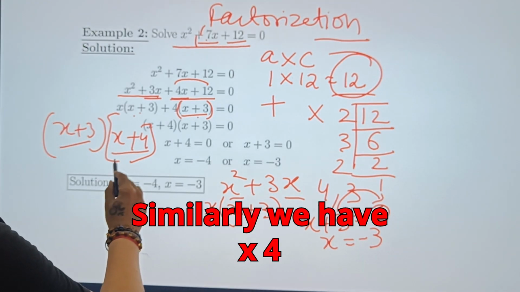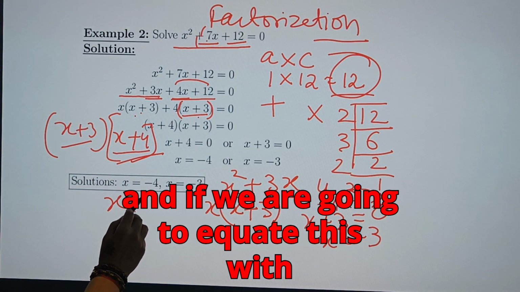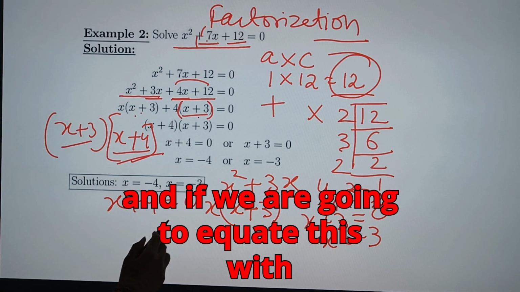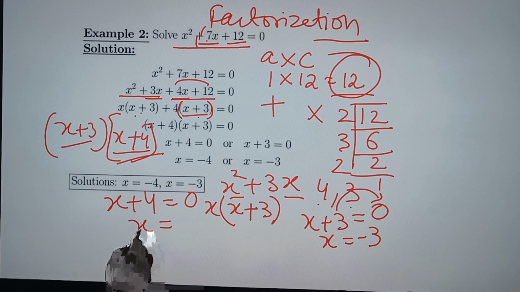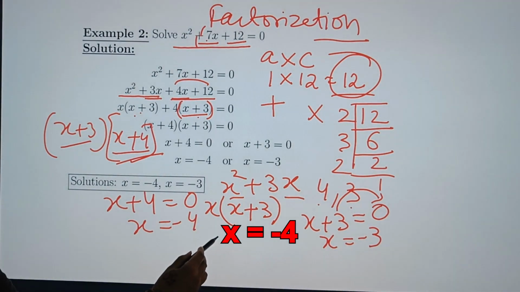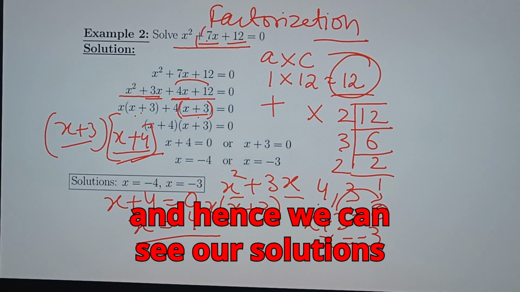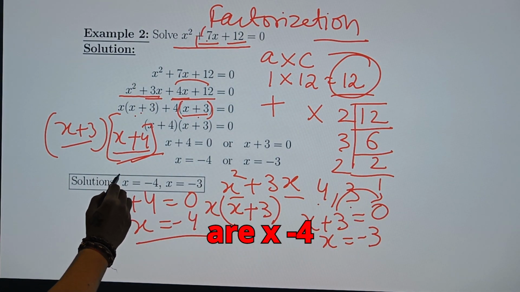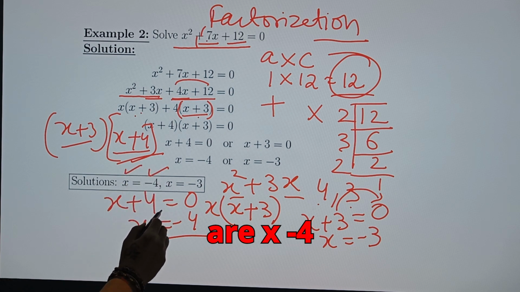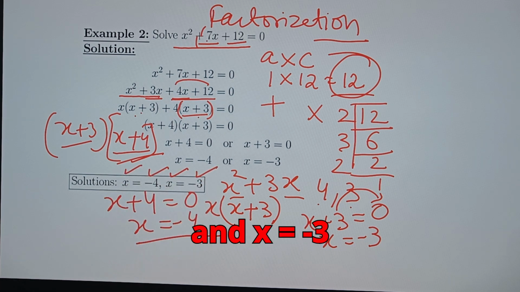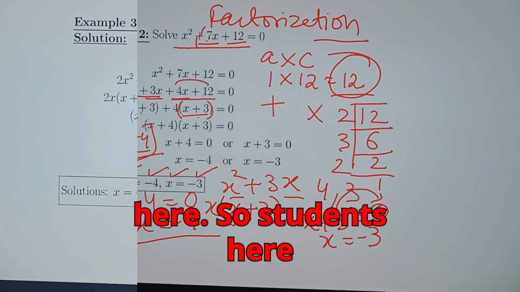Similarly, we have x plus 4, and if we equate this with 0, we are going to get x equals minus 4. Hence we can say our solutions are x equals minus 4 and x equals minus 3.